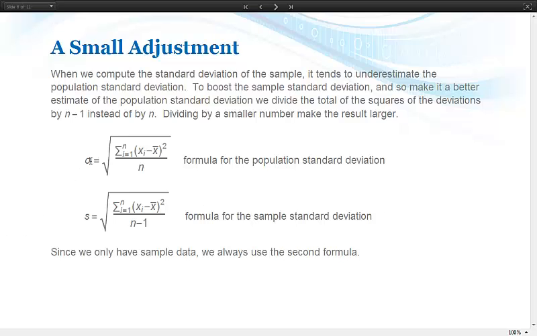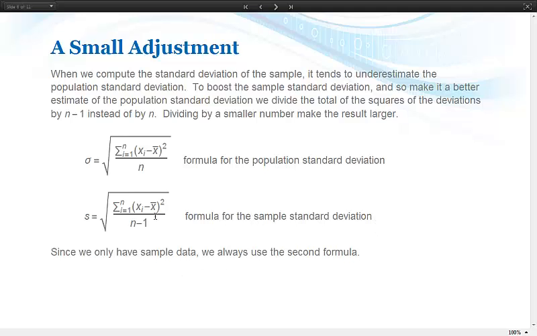The population standard deviation, the population parameter, is called sigma. The sample standard deviation uses the symbol s, and it's a sample statistic. So in this class, we'll almost always work with sample data.